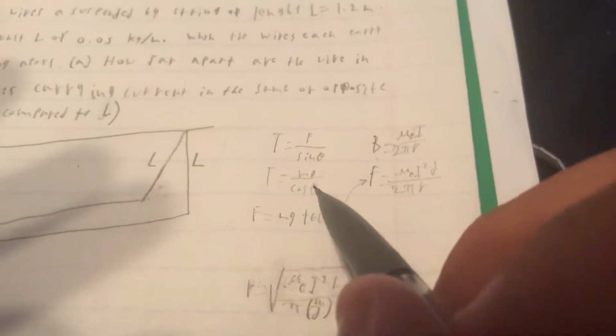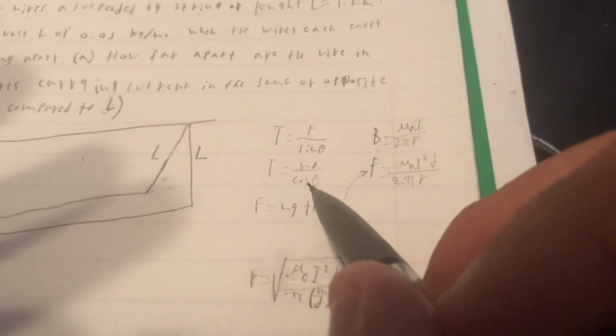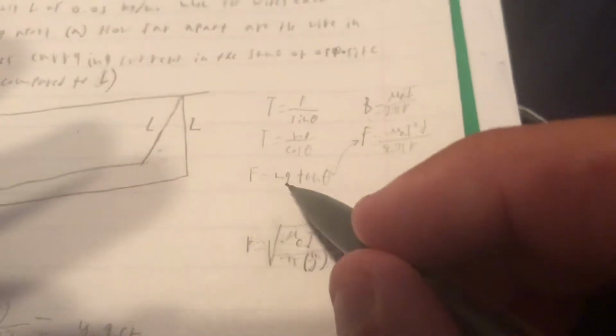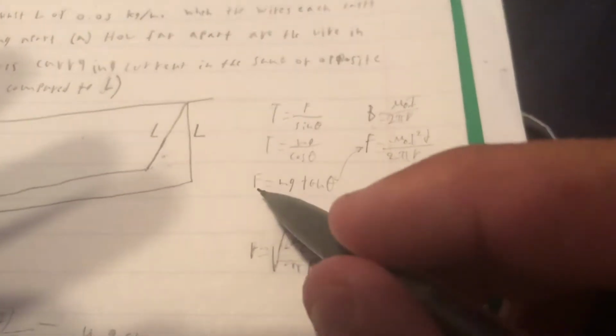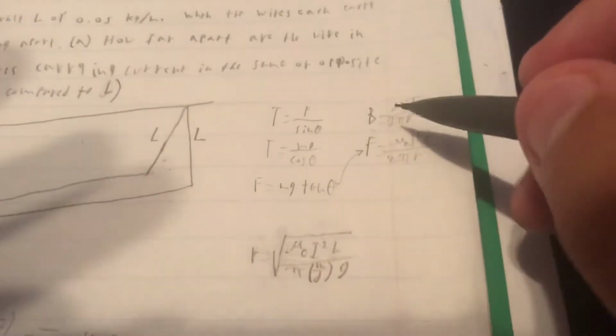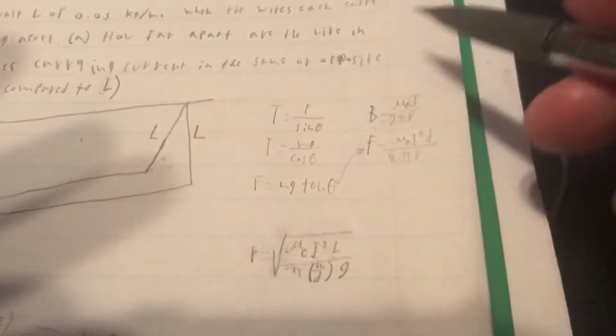After that, I realized that it actually needed tension equals mass times gravity over the cosine of theta. Whenever you put those two together, you get mass times gravity times tangent of theta, and that gives you that force. So we pretty much canceled out the T's right there.